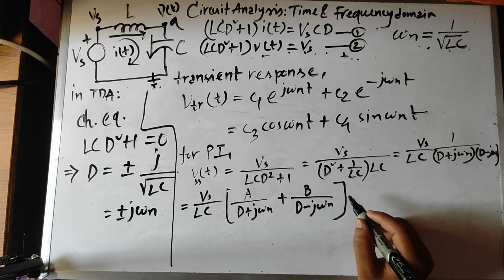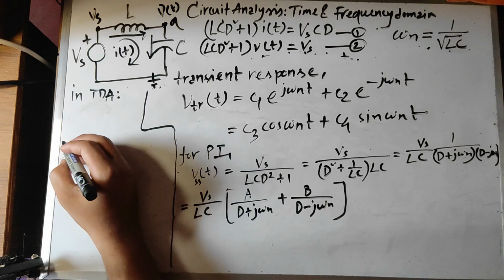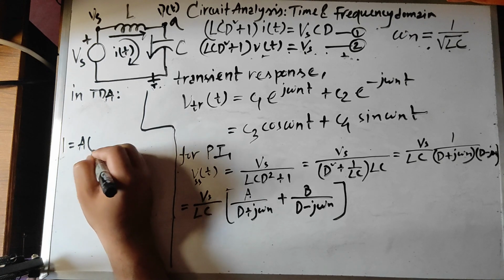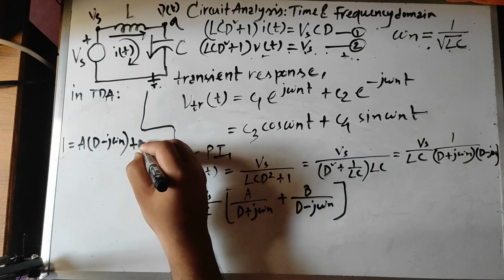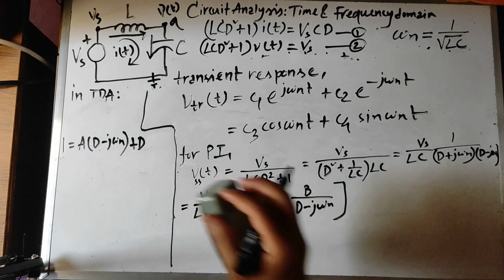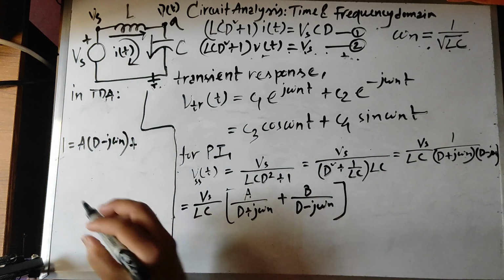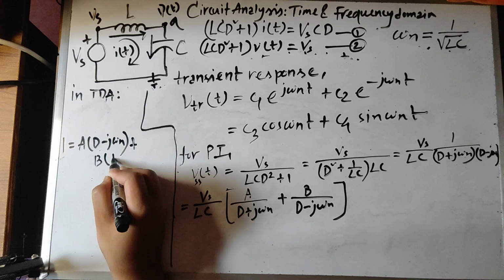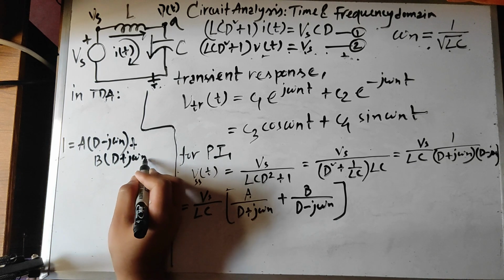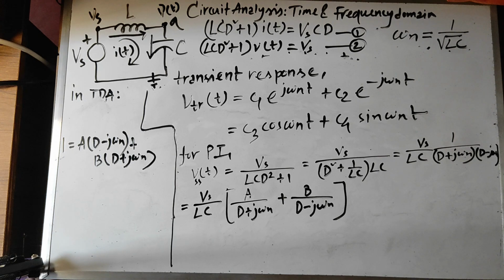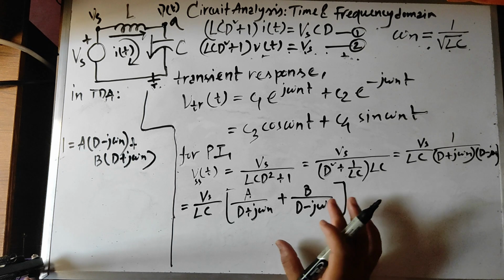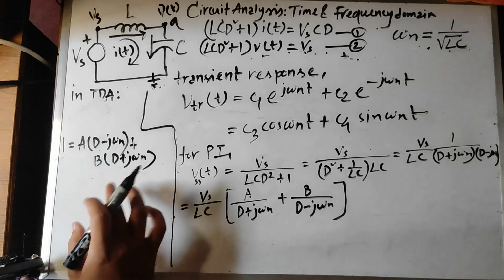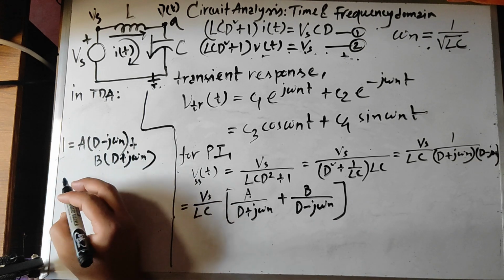So we have to find a and b. Here 1 equals a into D minus j omega n plus b into D plus j omega n. All we have done is equated these terms and multiplied by the denominator, which leaves us with this.